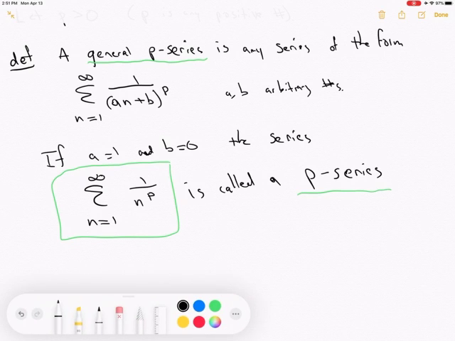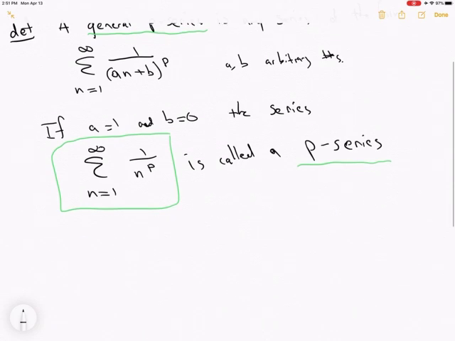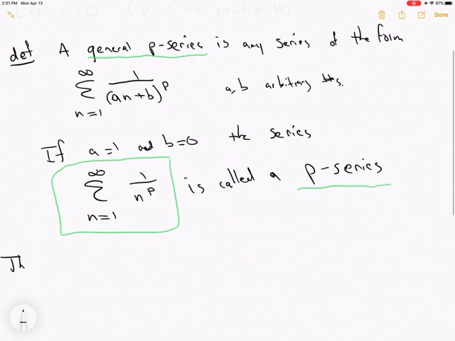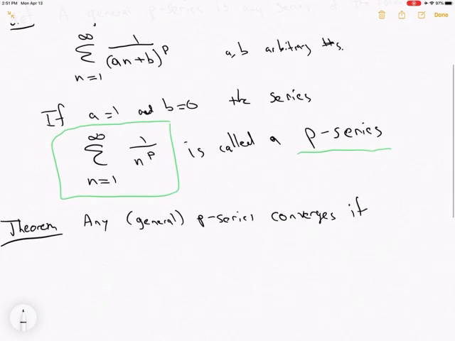And so we'll do some examples, but what's nice about p-series is that there's a very easy result. We can just read off right away whether or not an arbitrary p-series converges or diverges. So let's give the statement here. So here's a theorem. Any p-series, so that means general or non-general, converges if and only if the power is bigger than 1.